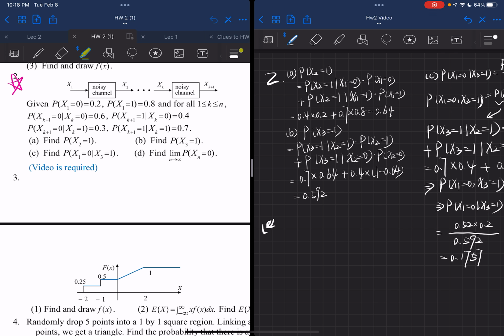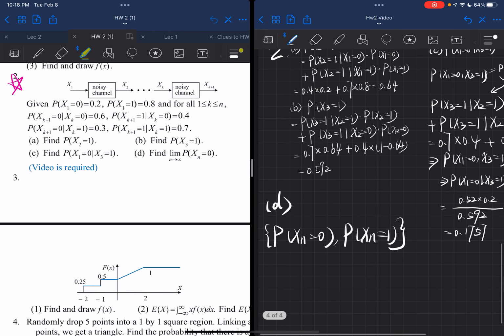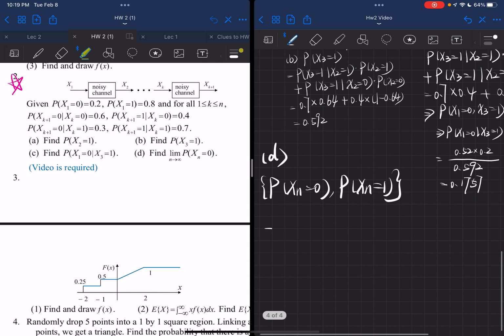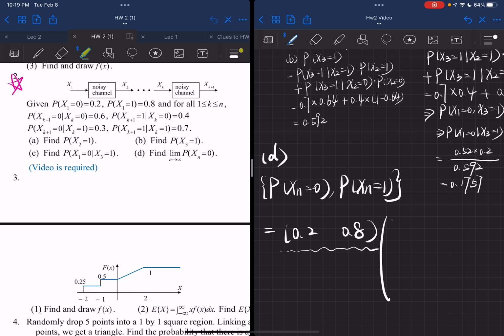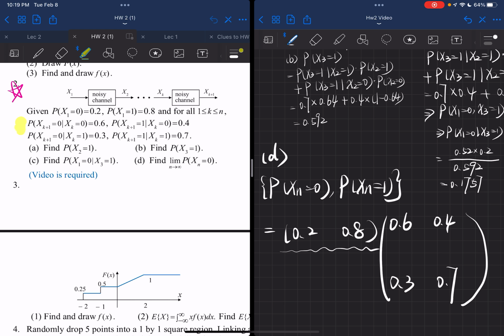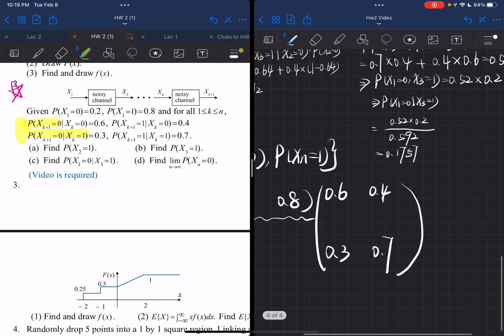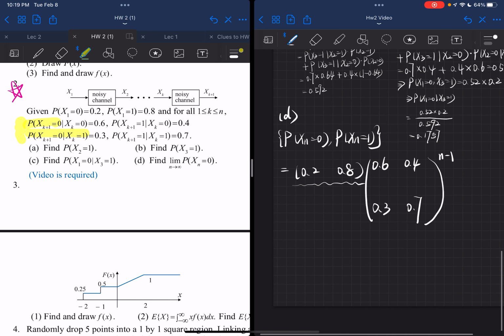For part D, we know that the probability of xn equals 0 and xn equals 1 can be written in matrix format, which is the multiplication of the initial condition for n equals 1, times the chain matrix we got from the problem description, raised to the power of n minus 1.